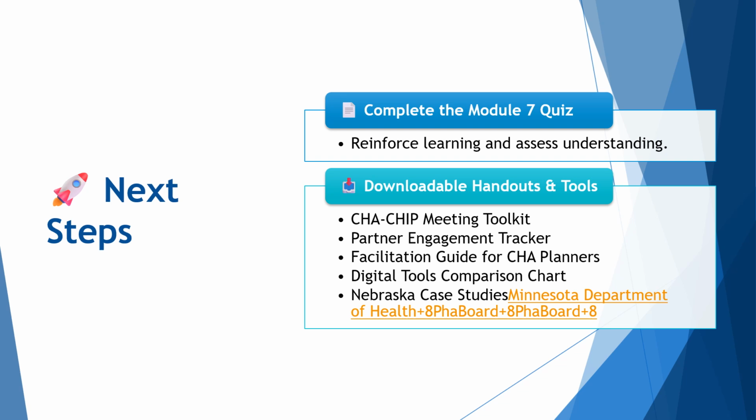So next steps, please complete Module 7's quiz. There should be some downloadable handouts and tools available for you. I tried to get some Nebraska case studies. There's also a Minnesota Department of Health document that I wanted to share. So you should have access to all of those.